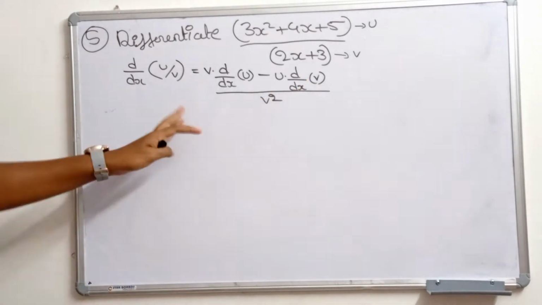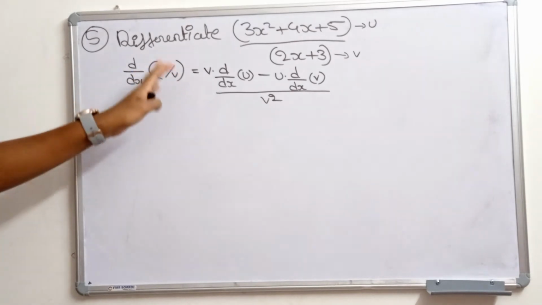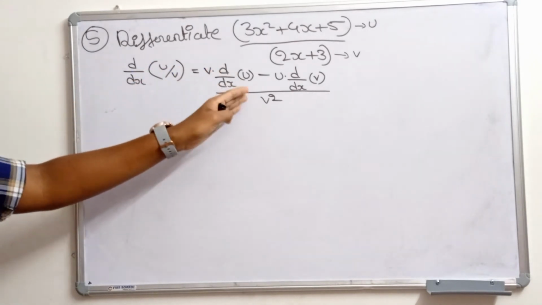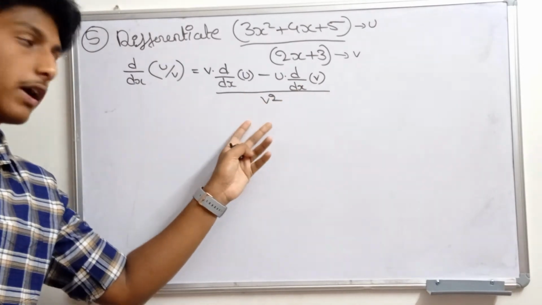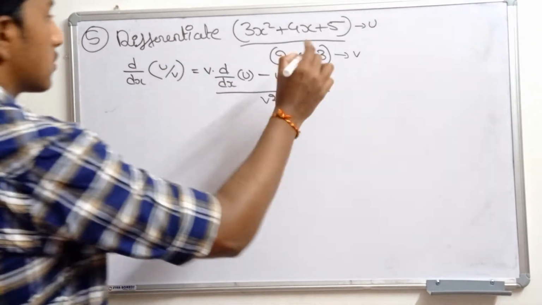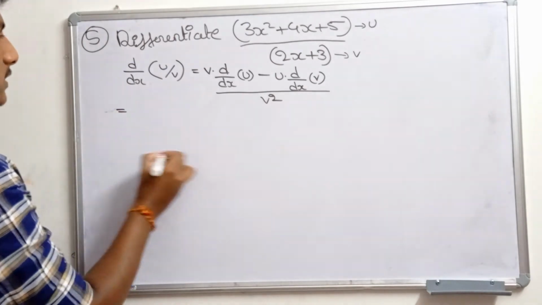Guys, is it clear? This is the formula when it is in division form: v into d by dx of u minus u into d by dx of v by v square. So you can go with this.